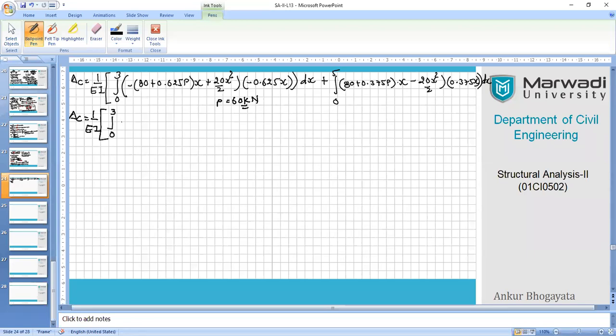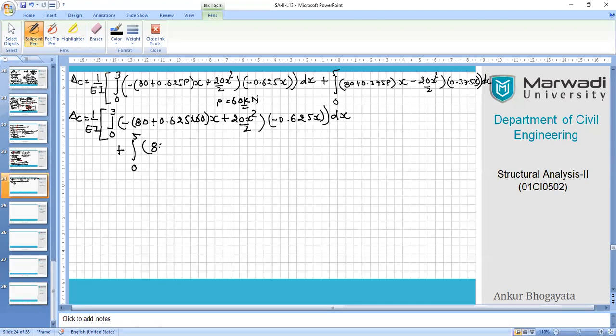0 to 3 meters, minus is outside this bracket, 80 plus 0.625 into 60 into x plus 20 x square by 2. Here this remains as it is, 0.625 x, big bracket completes, it is dx now, and I will be using this space 0 to 5 meters.